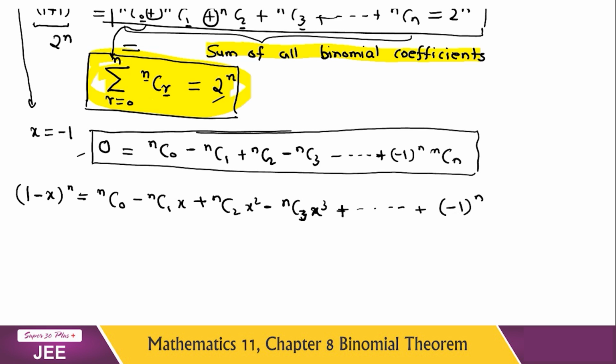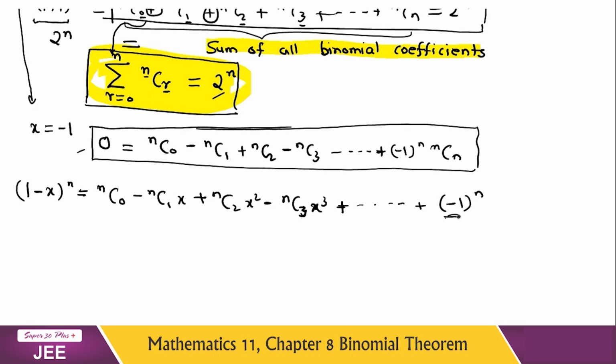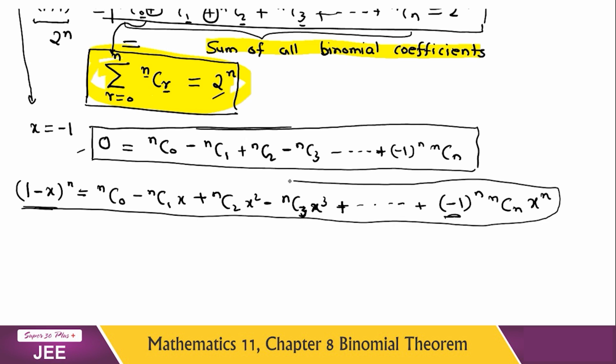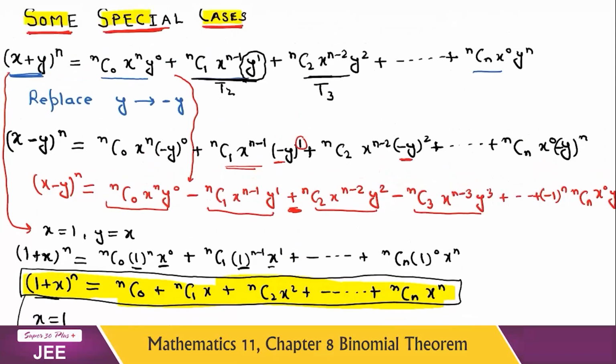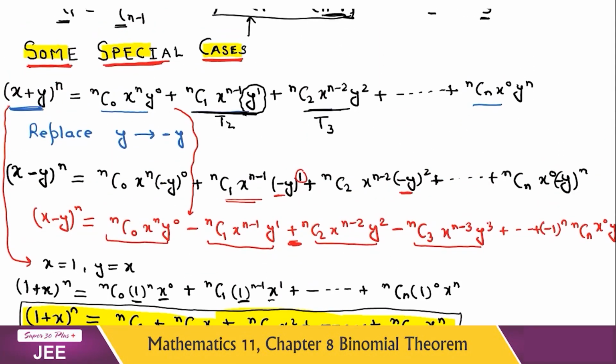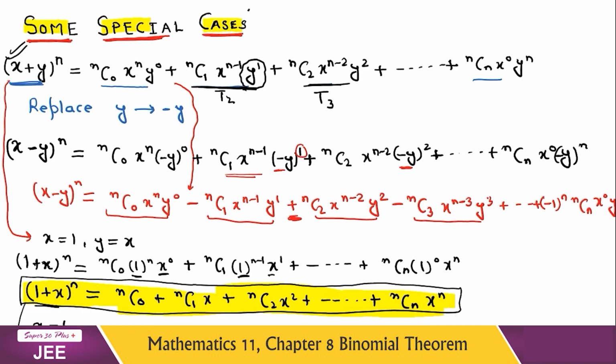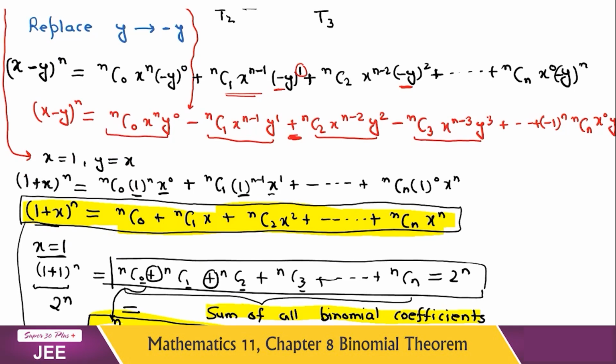It depends on n. That is why I have written (-1)^n, and the binomial coefficient will be nCn and x^n. So this is the binomial expansion of (1 - x)^n. So these are some of the special cases which we deduced from which series expansion? (x + y)^n. Alright, I hope everyone understood. Everybody is getting till this point.